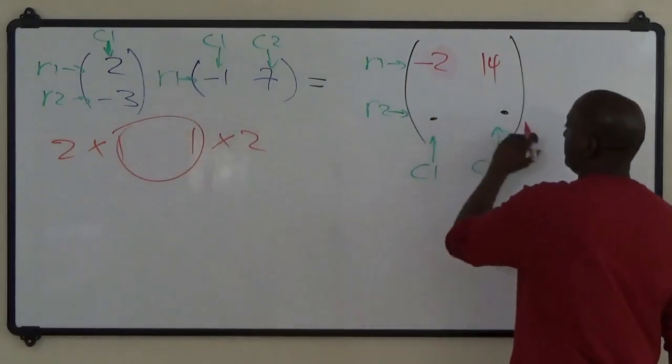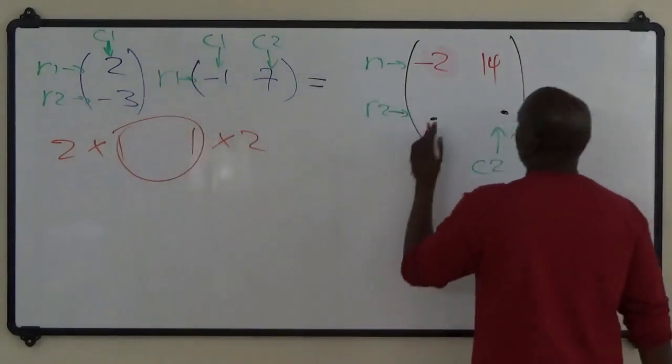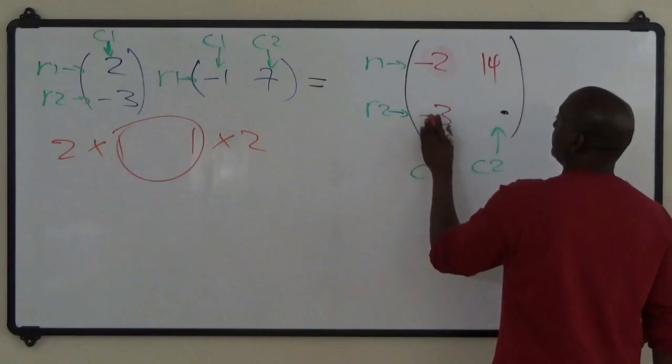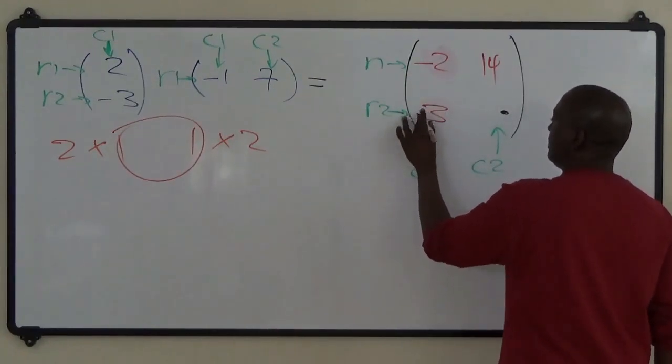Right? Second row, first column. Minus 3 by minus 1 is 3, sorry, minus 3 by minus 1 is plus 3.